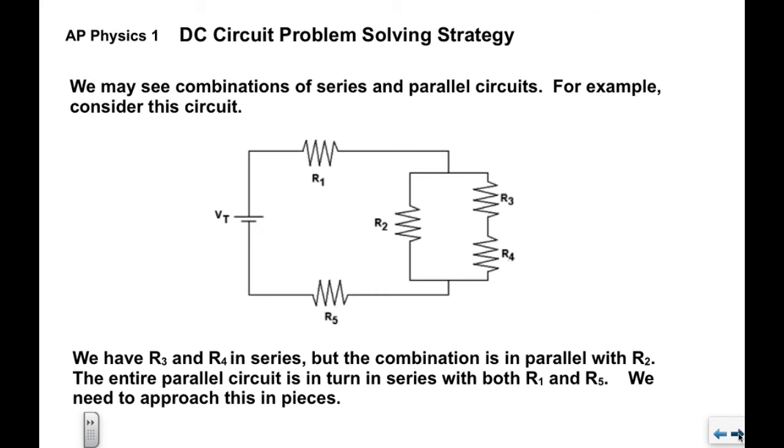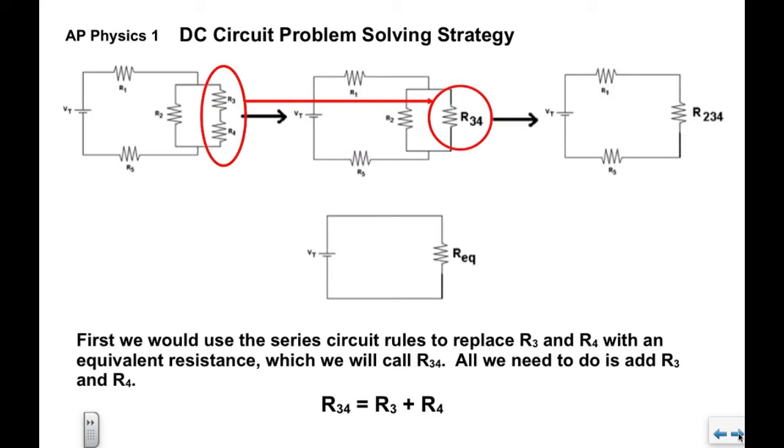So we have to approach it in pieces. So the first thing we're going to do is use the series circuit rules to replace R3 and R4 with an equivalent resistance for those two, which we'll call R34. So 3 and 4 are in series here. We're going to add them and then replace that series combination with R34.